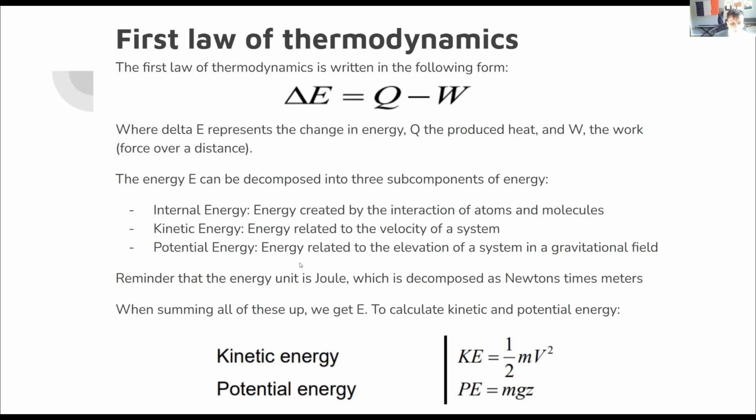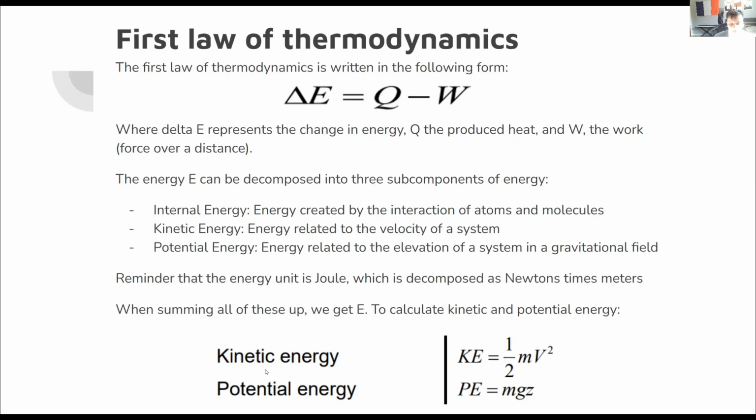Again, a reminder that energy units are in joules, so this whole equation is in joules, and a joule is newtons times meters. That goes back to the equation that we just looked at: force times distance is newtons times meters. And when you sum all of these up, you get E.